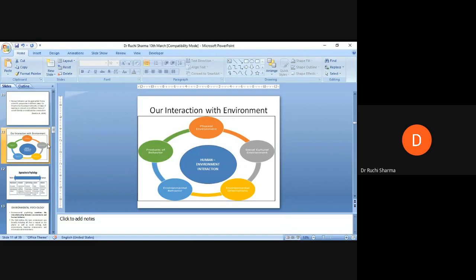On the screen, you can see the diagram of human-environment interaction and how it affects the physical environment, how the environment is affected by the socio-cultural environment, what the environmental orientations and our behavior towards the environment are, and what the products of our behavior are, which again is a cycle.